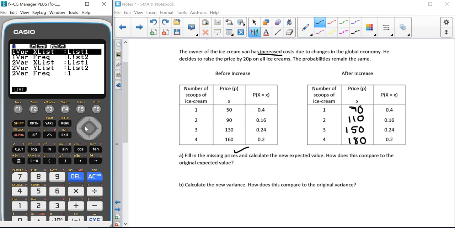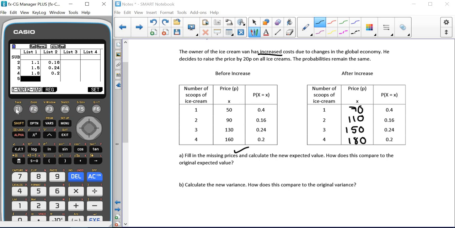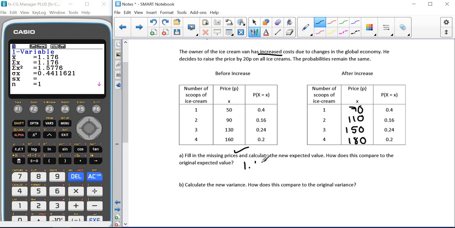Make sure your set says list 1, list 2 because we're treating our probabilities as frequencies, and that gives us £1.176.